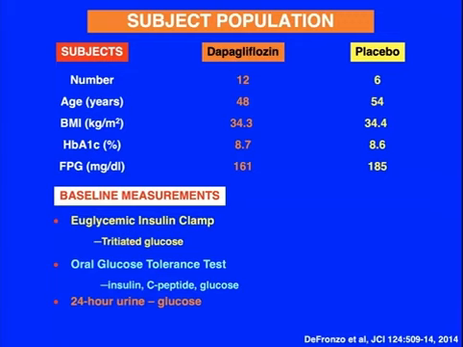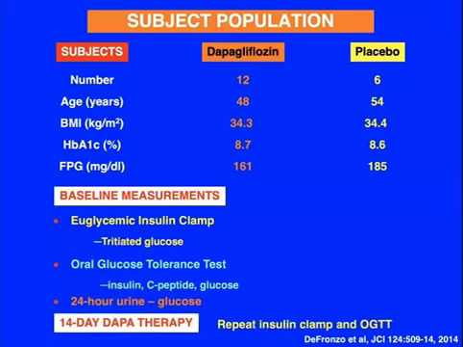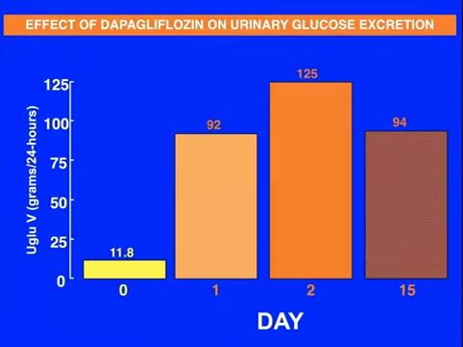And then with radio-labeled glucose, we can precisely quantitate how sensitive the body is to the insulin. How much glucose did you metabolize to a given rise in insulin? People also had an oral glucose tolerance test so that we can look at beta cell function, and we measured their glucose excretion, and then we repeated these studies after 14 days.